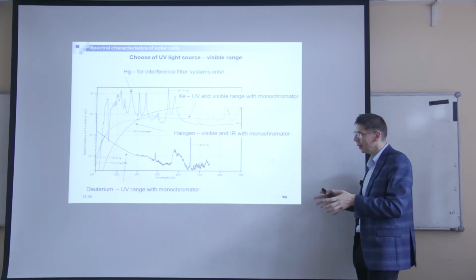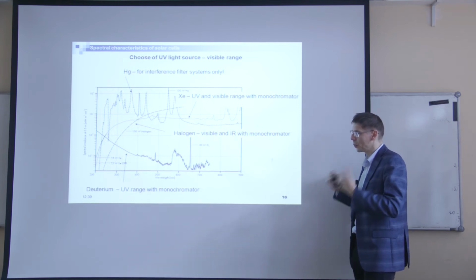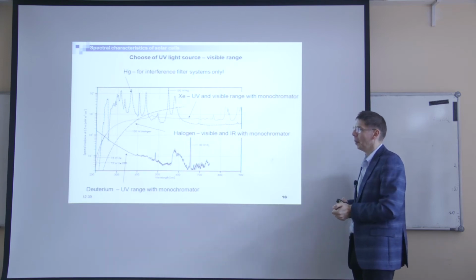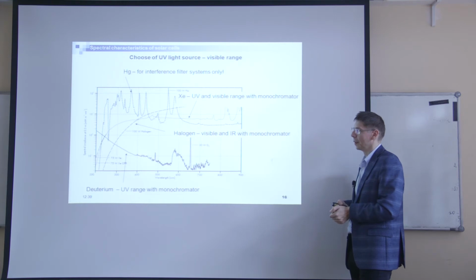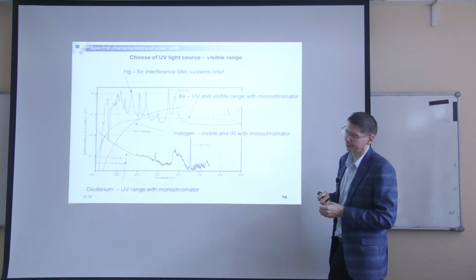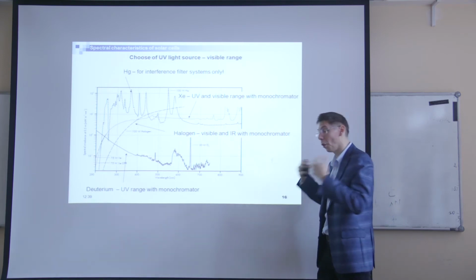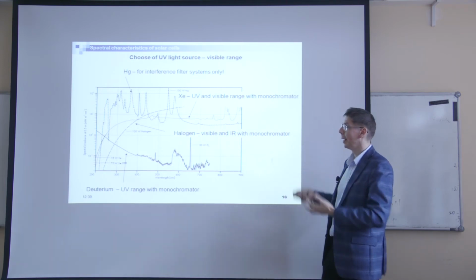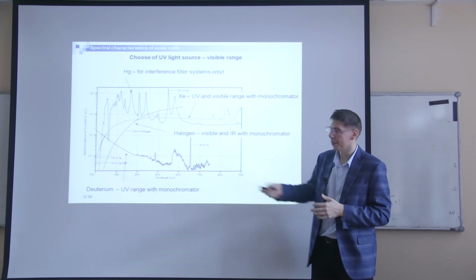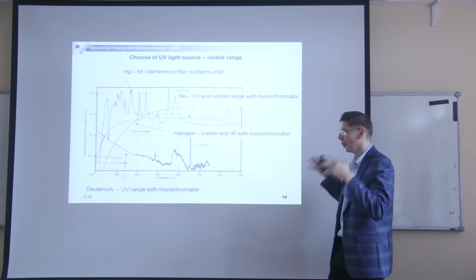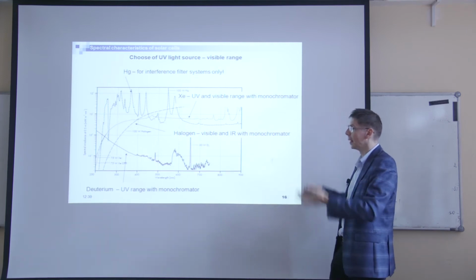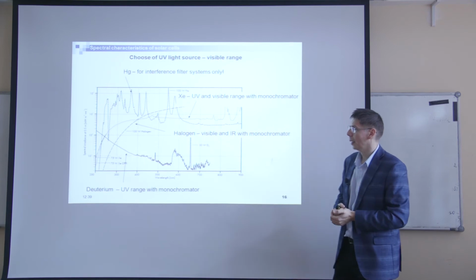Normally, the absorption of the air, mainly due to oxygen, is too high, so you have a lot of losses of intensity below it.